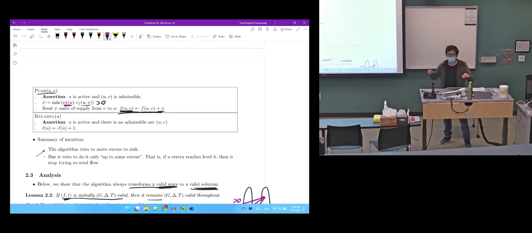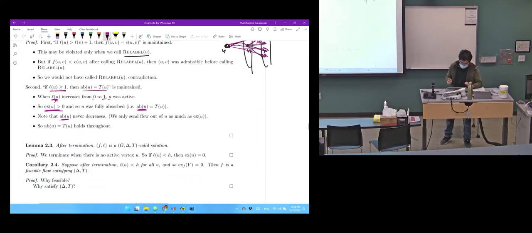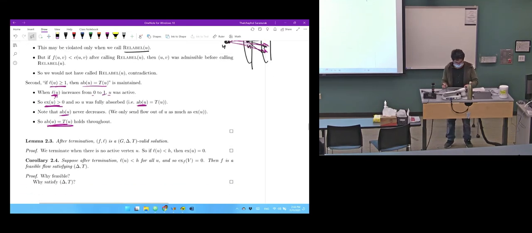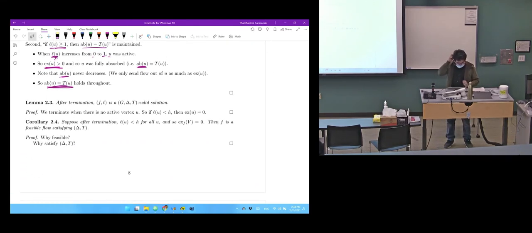So it remains fully absorbed throughout. This means that it remains valid all the time. And next, after termination, this is a valid solution.